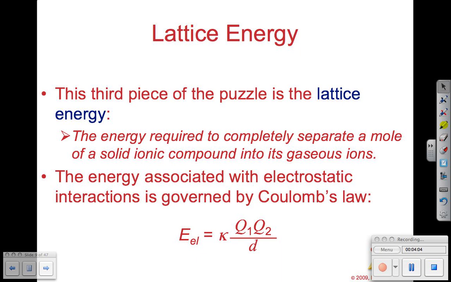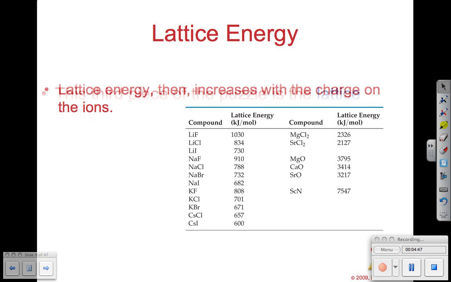We'll look at this formula in our textbook a bit deeper, because it requires a bit more understanding, but you can find it on page 302 if you want to look at it now. The Q's are the charges of the different ions, D is the distance between their centers, and k is a constant, 8.99 times 10 to the 9th joule meters per coulomb squared. We'll explore this equation in class.